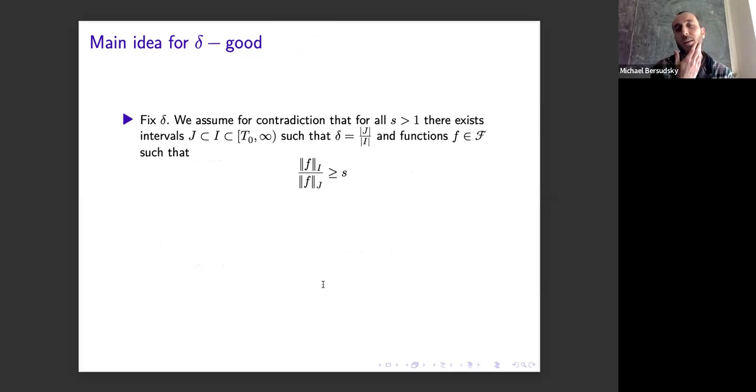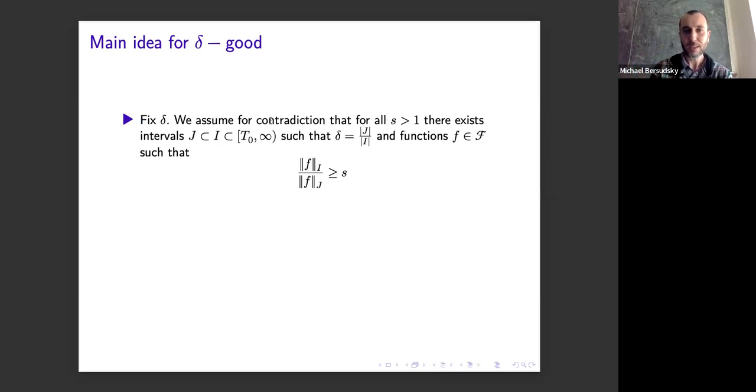The next thing is to give you an idea of how to prove the delta good property. The idea is as follows. Fix some delta, and assume for contradiction that this delta good property doesn't hold.